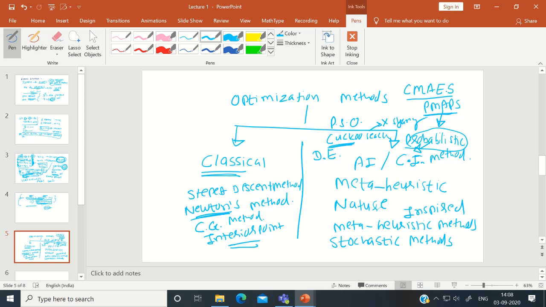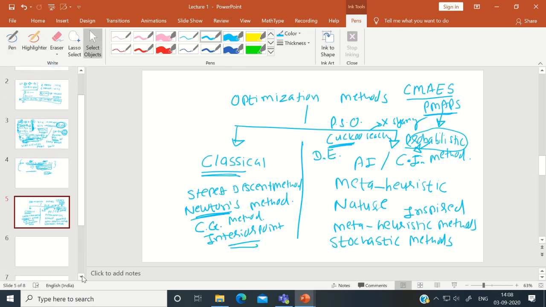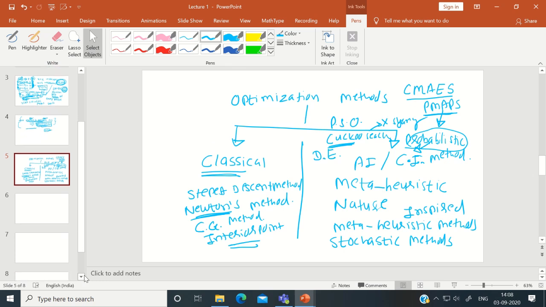All methods are very good methods, right? Okay, so in today's session we will study the particle swarm optimization method.